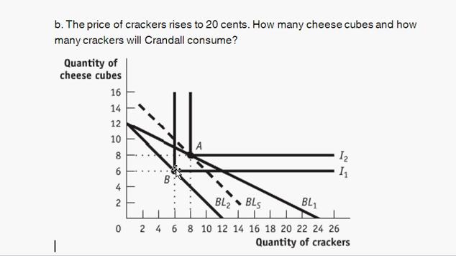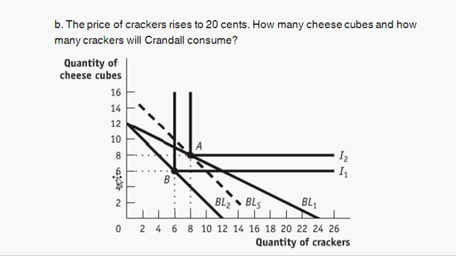These perfect complementary indifference curves, which are L-shaped because they're perfect complements, make it really, really easy to figure out where he's going to make his purchase. Since each cheese cube needs to be matched 1 for 1 with a cracker, the point that maximizes his utility is the point along this budget line where he purchases the same quantity of cheese cubes as crackers.